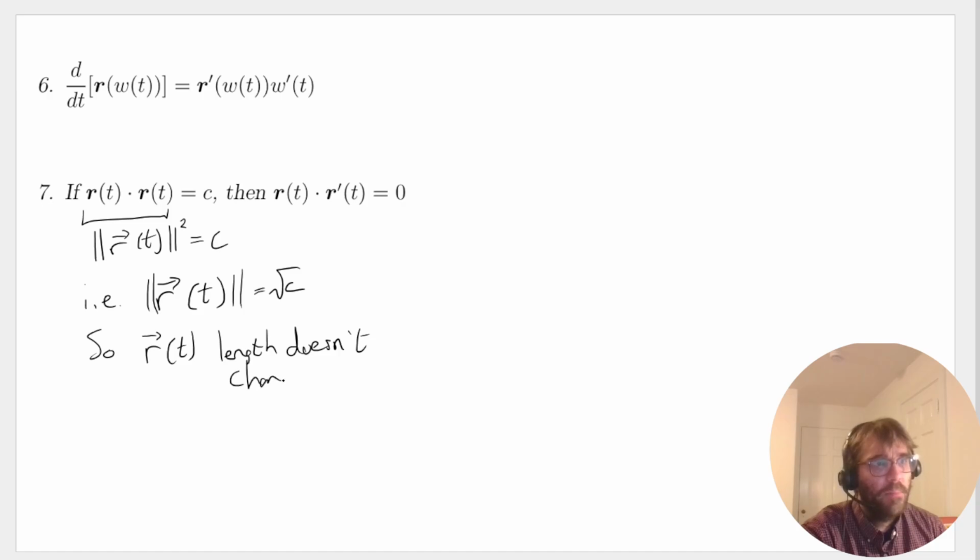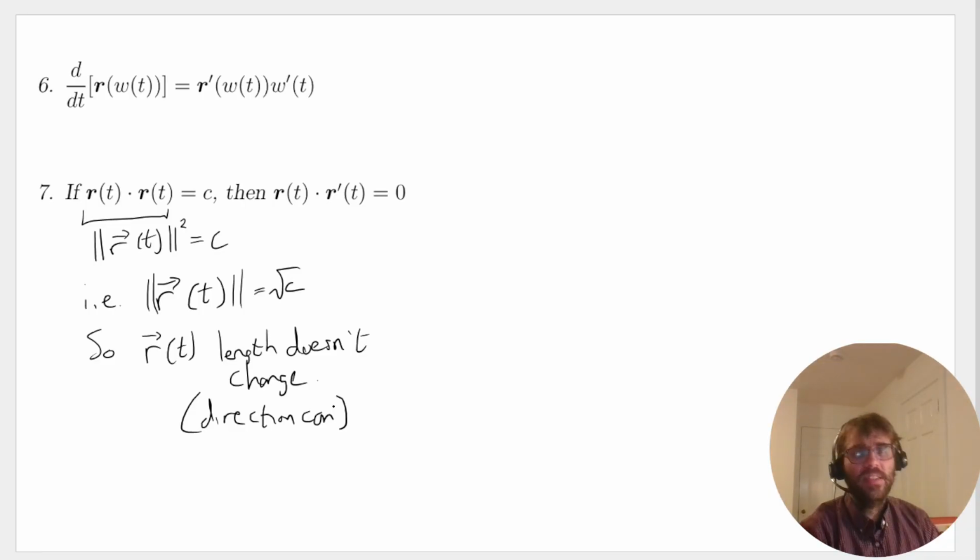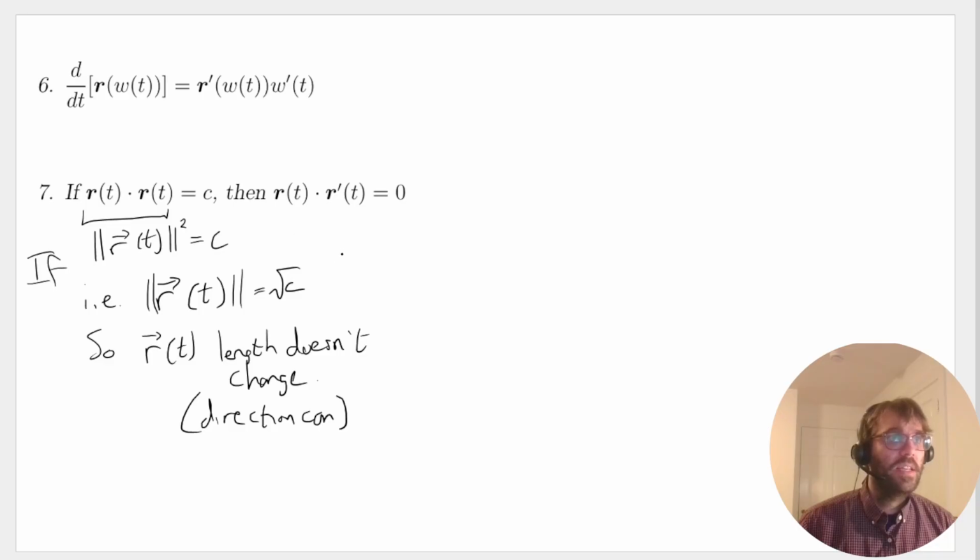The direction might change. I'm not saying that the direction can't change, but if it doesn't matter what t you plug in, the length is always the same, then it turns out, if that first thing is true, then r is always going to be perpendicular to r prime, no matter what t is. And I want to show you why it's true.